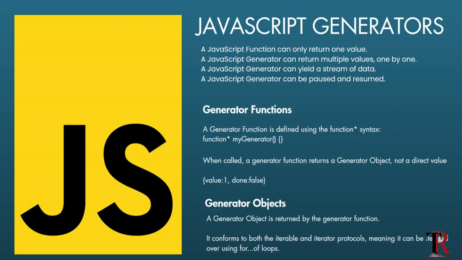And in the example that will follow this, we will see how for-of loops can be used over a generator object and over a JavaScript generator.